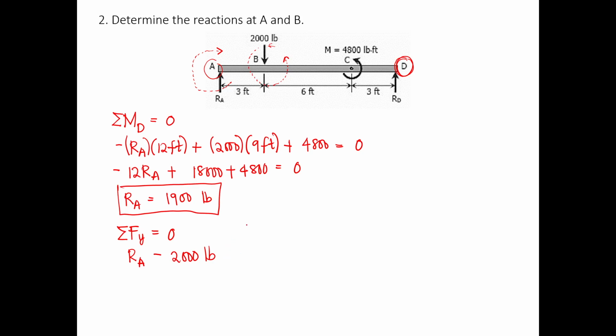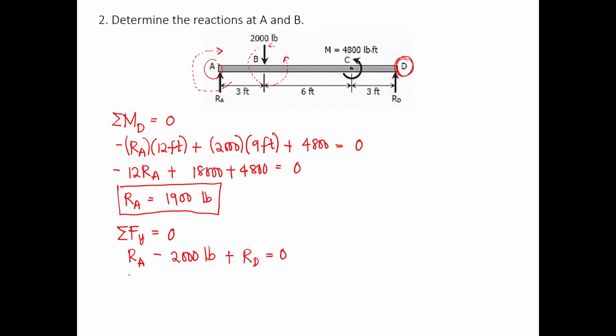Ang 4,800 na moment, we can just ignore this one because this one is a moment. This one is not a vertical force. You can skip the 4,800 moment because it's not a vertical force. Then plus R sub D equals 0.